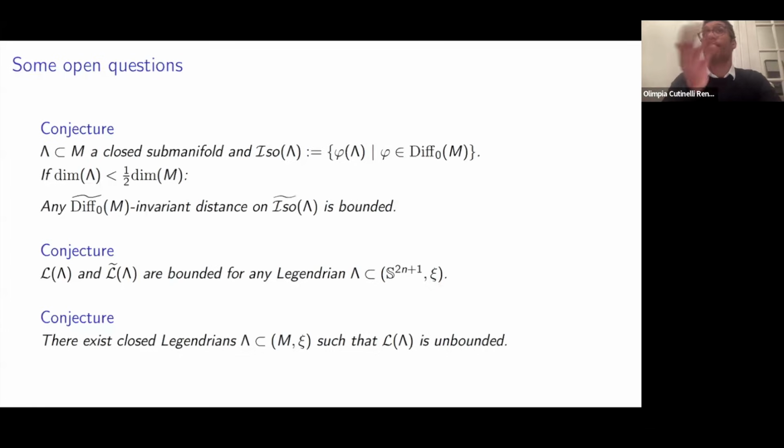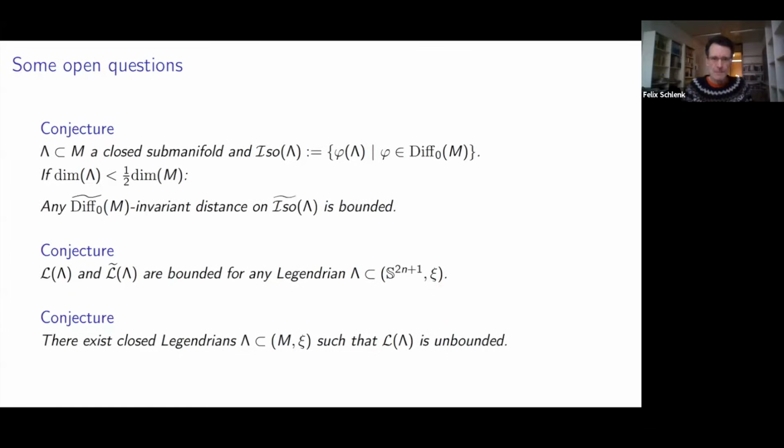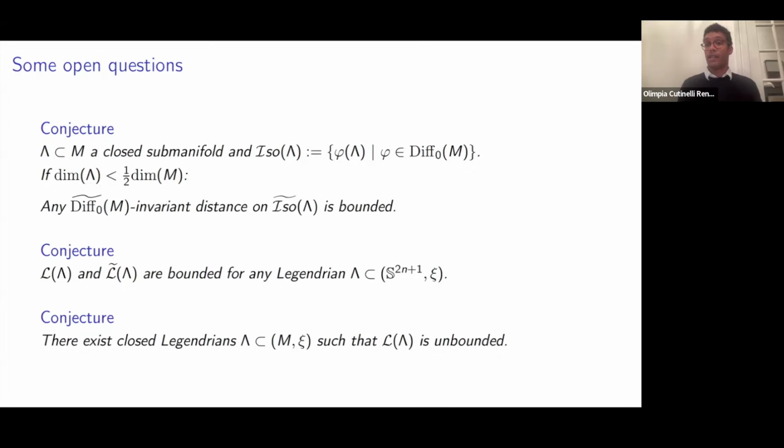I guess a similar statement can be made for Legendrians, but maybe a good start would be to try the sphere, show that for the sphere it's bounded, and then see what we use for boundedness. Maybe it also allows us to understand more what is important for unboundedness.